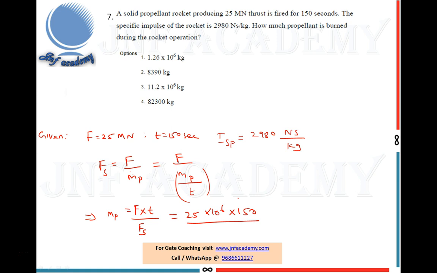If you see the equation, the units, Ns per kg is nothing but the specific thrust. If you substitute 2980 here, you will get the answer to be 1.26 into 10 to the power of 6 kg. So the answer is option A, which is 1.26 into 10 to the power of 6 kg of propellant that has been burned to produce 25 meganewton of thrust for a period of 150 seconds.